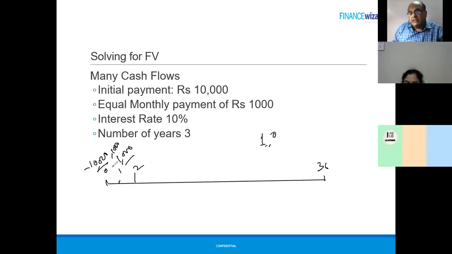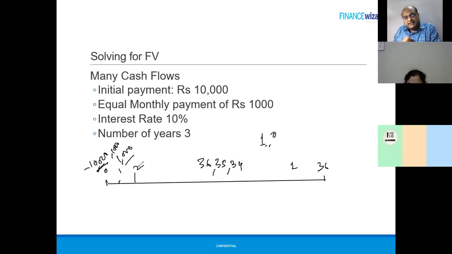Now what will be the difference? Please observe it. You are going to invest the first 10,000 for 36 months. Now if you are investing 1,000 rupees also immediately, your first 1,000 will earn interest for 36 months. Your second payment of 1,000 will earn interest for 35 months. Your third payment will earn interest for 34 months, and going on, your last payment of 1,000 will earn interest of 1 month. And this is the first case.